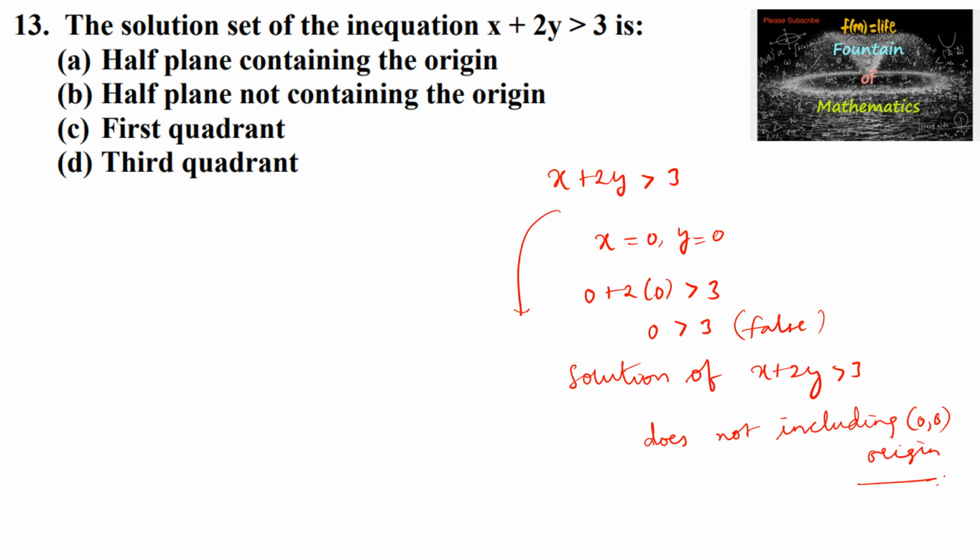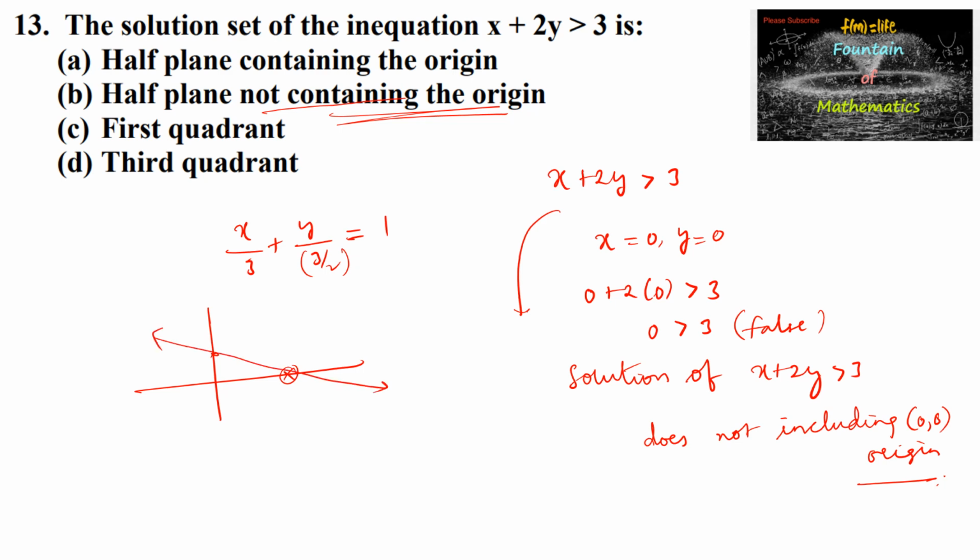So we can consider that the solution set of this inequation is the half plane which is not containing the origin. You can also check in the graph: x plus 2y greater than 3, we can write x upon 3 plus y upon 3 by 2 is equal to 1. So we have x intercept is 3 and y intercept is 3 upon 2, and the half plane, the shaded region, can be either upper or lower, and here the origin is the point 0 comma 0.